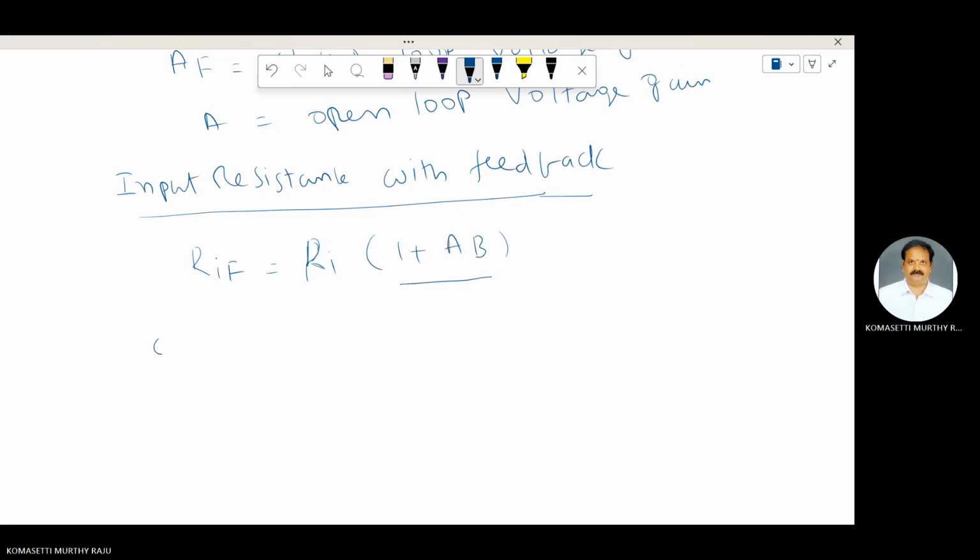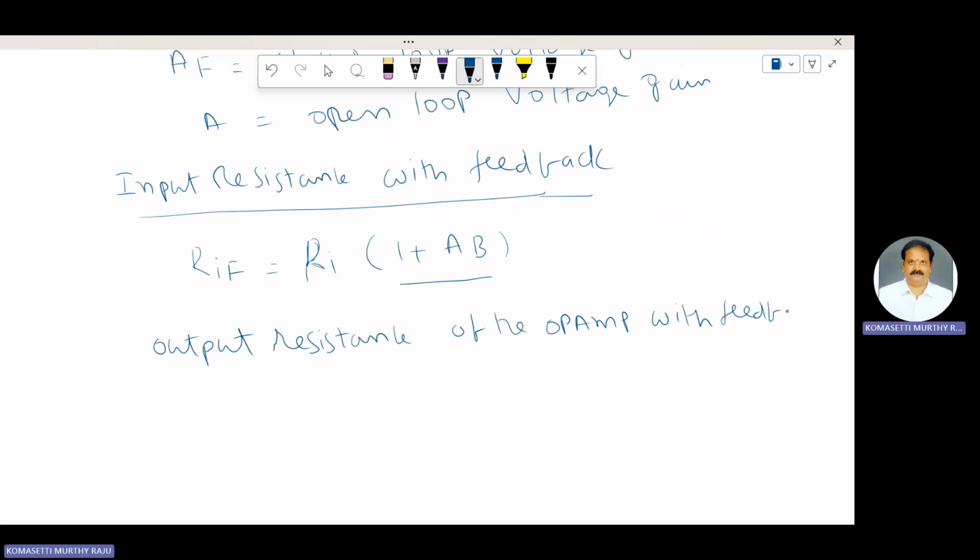Next one is output resistance. Output resistance of the op-amp with feedback is ROF equal to R0 by 1 plus AB, where R0 is the output resistance of the op-amp without feedback, and ROF is the output resistance with feedback.